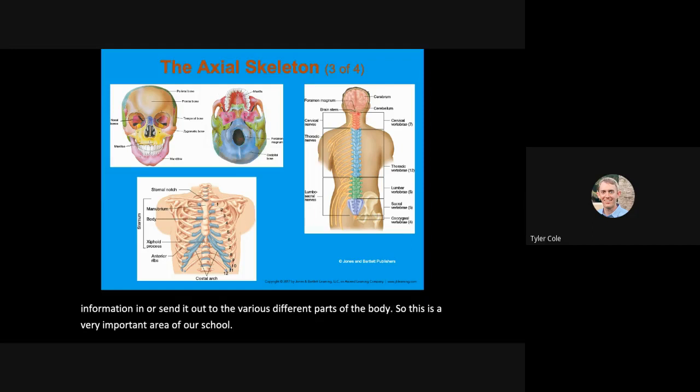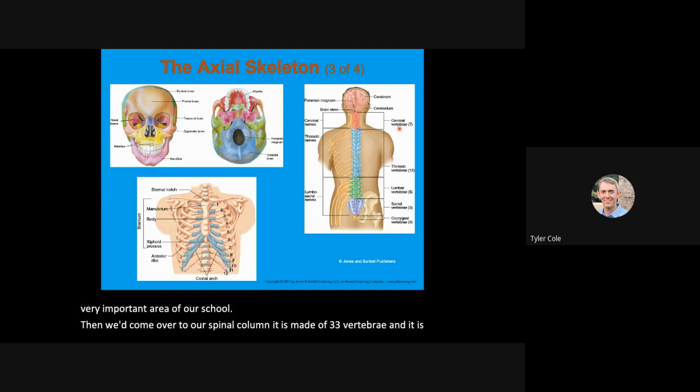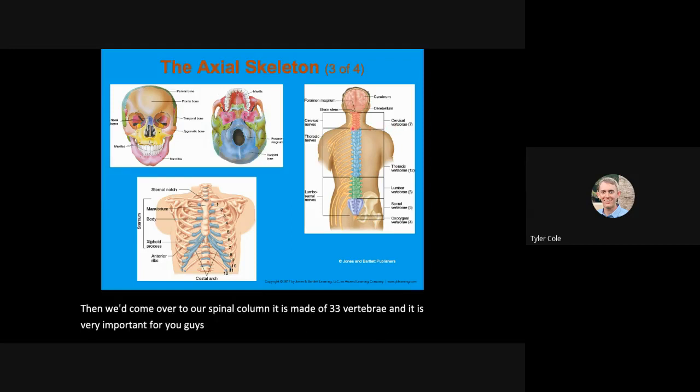Then we come over to our spinal column. It is made of 33 vertebrae. And it is very important for you guys to know the various regions that are labeled in different colors here and the number of vertebrae that compose each of these regions.